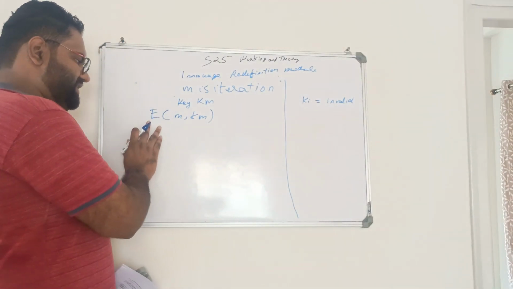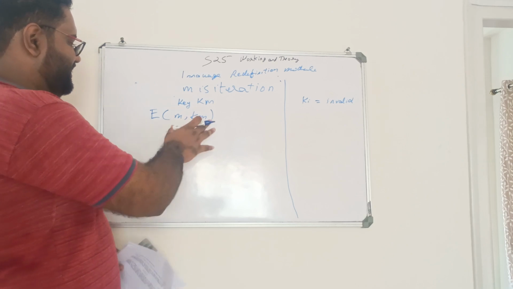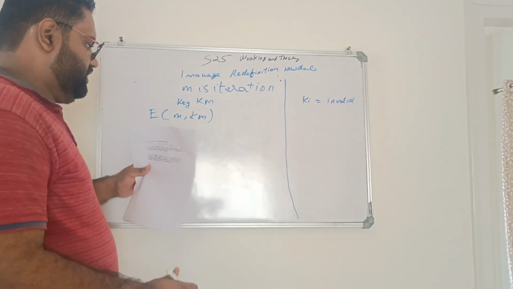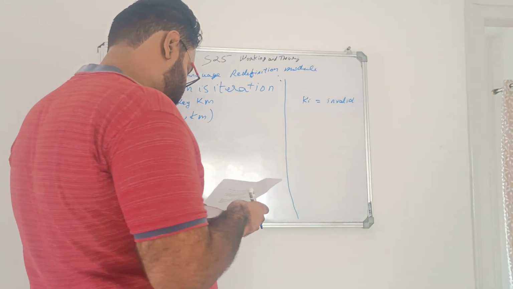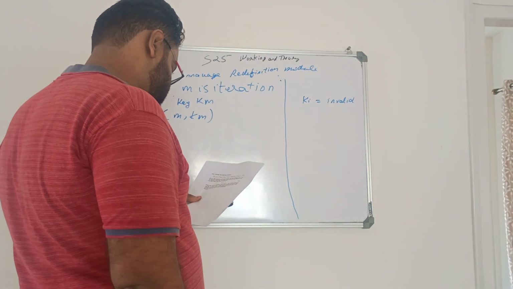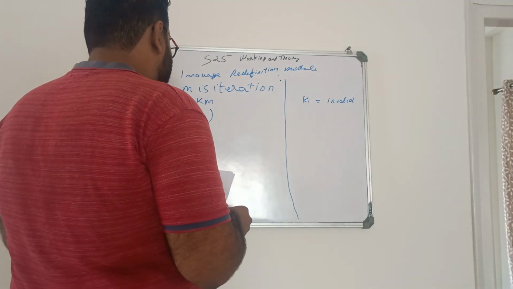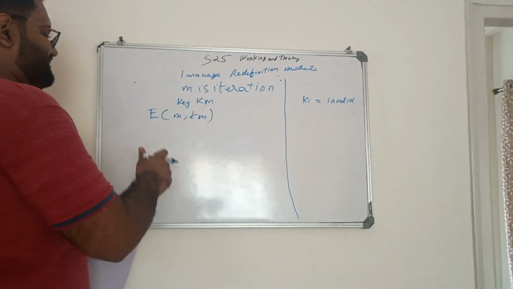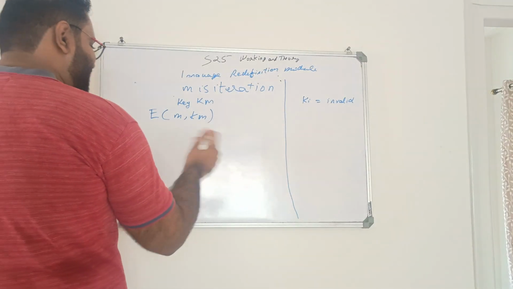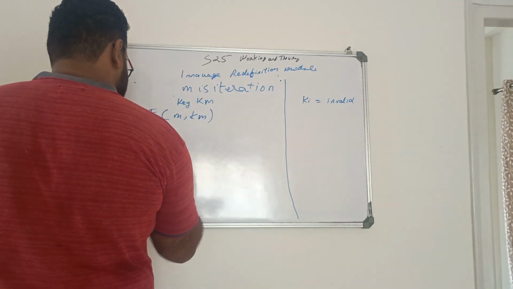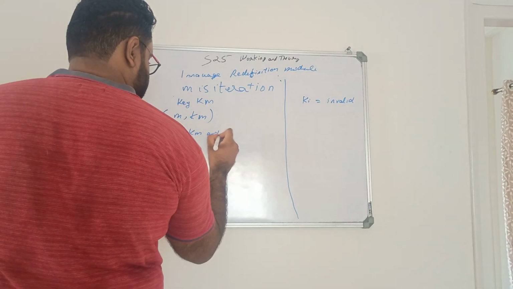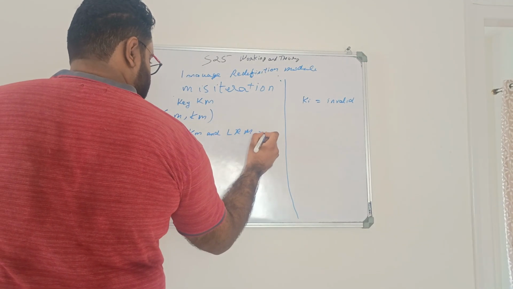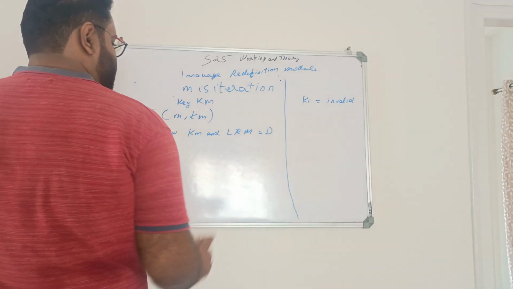What we are going to do with this encryption module is take it to the closest LRM which is possible. And let us call the distance between Km and some LRM D.